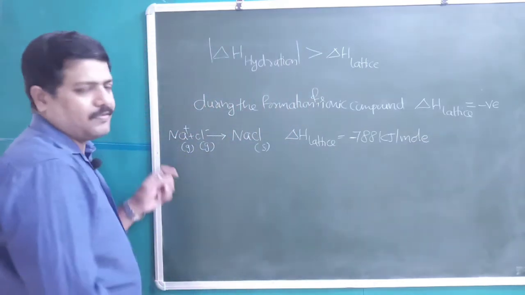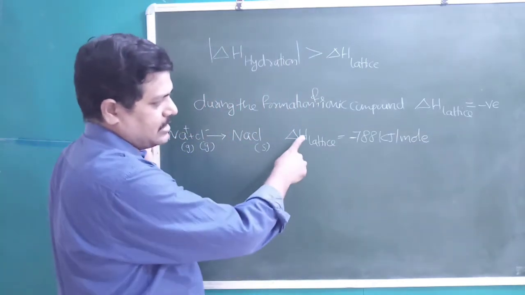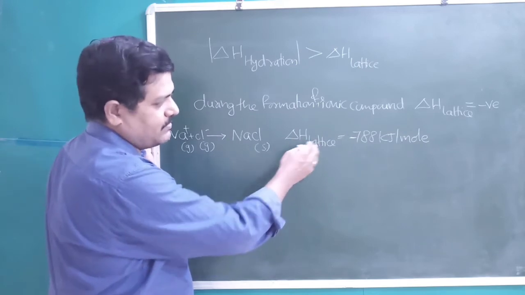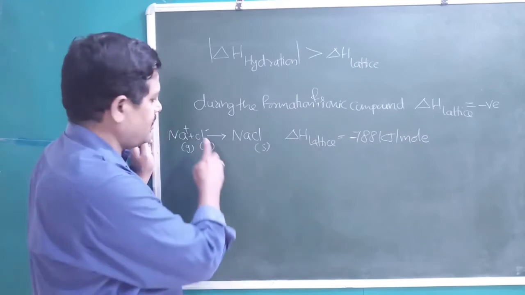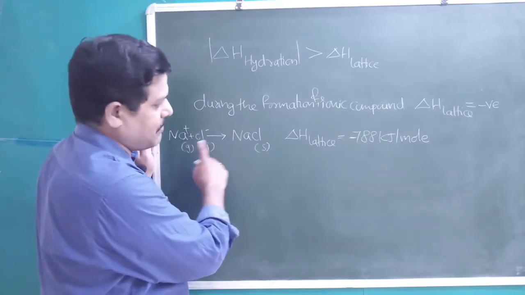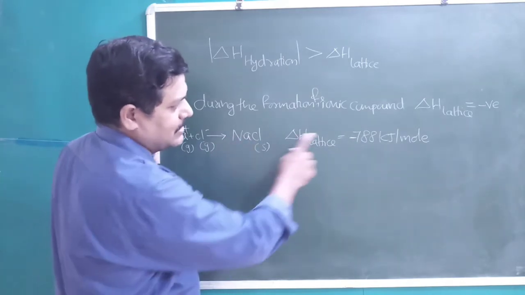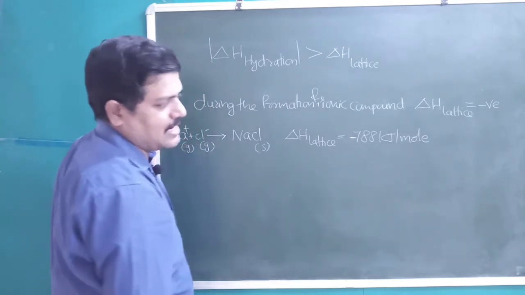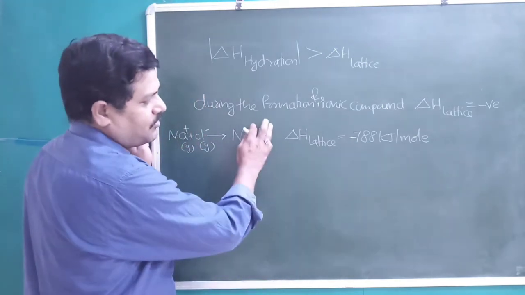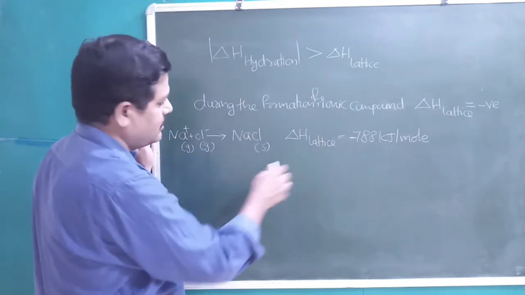This is the amount of energy released, the enthalpy accompanied with this process when oppositely charged ions are packed in the crystal lattice to give 1 mole of NaCl, that is minus 788 kilojoules. During the formation, this is exothermic.